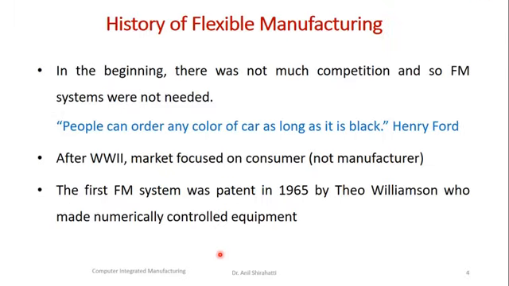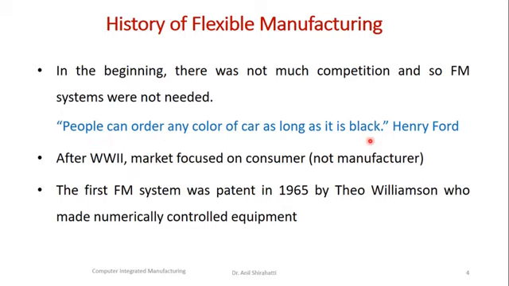Now let's briefly think how flexible manufacturing came into the picture. In the beginning of manufacturing, there was not much competition, so flexible manufacturing systems were not needed. There was even a great saying by Henry Ford during the second industrial revolution: people can order any color of the car as long as it is black.